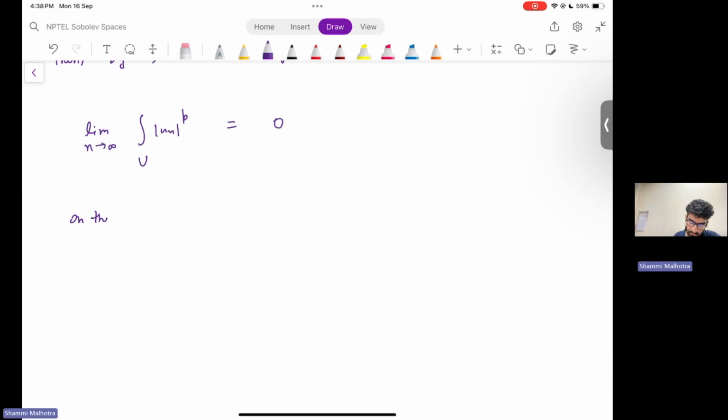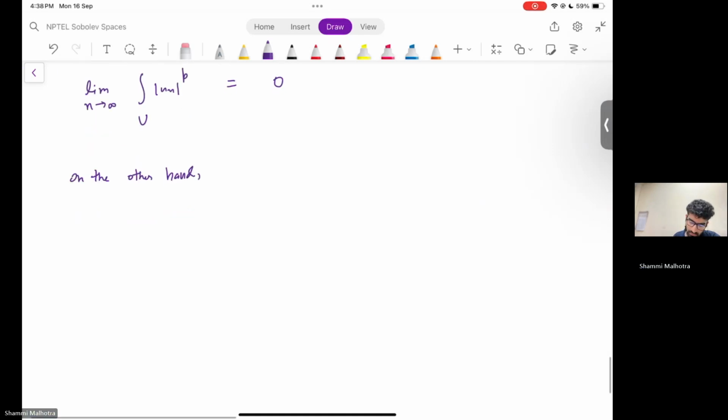On the other hand, what do we have? We have this u_n, the L^p norm at the boundary. So I know u_n has distance on the boundary, so this is actually one only.